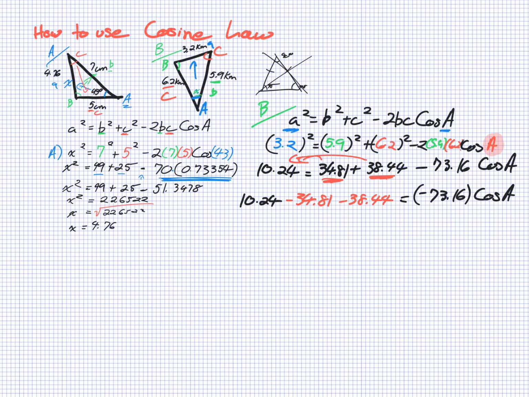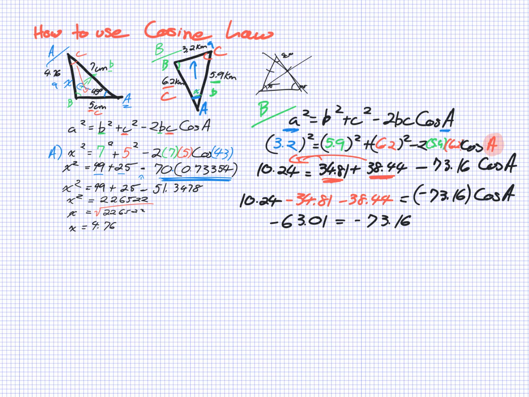I actually have to divide. We're going to simplify over here: 10.24 subtract 34.81 subtract 38.44. Did you get negative 63.01?